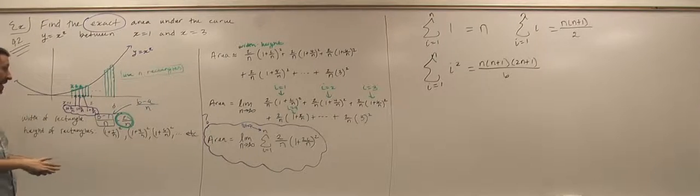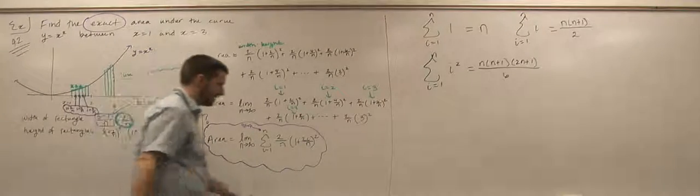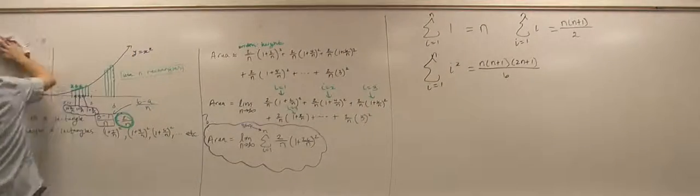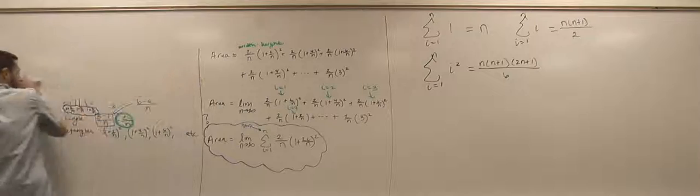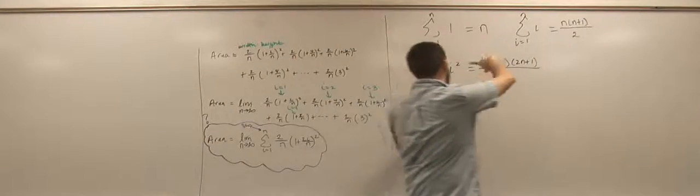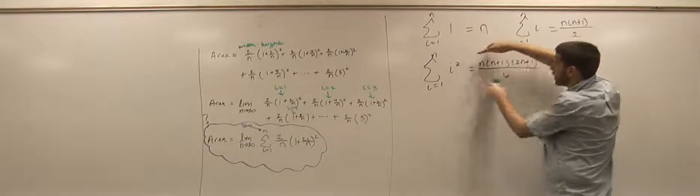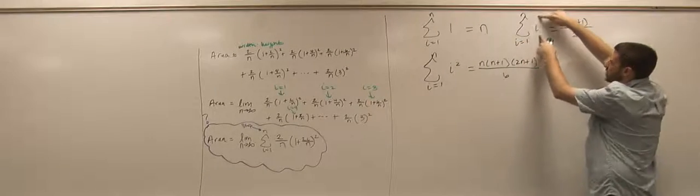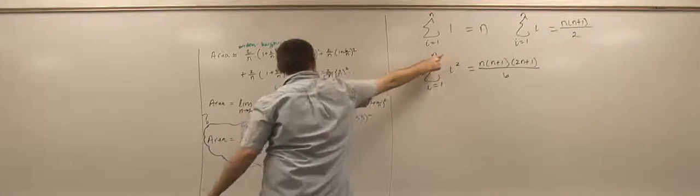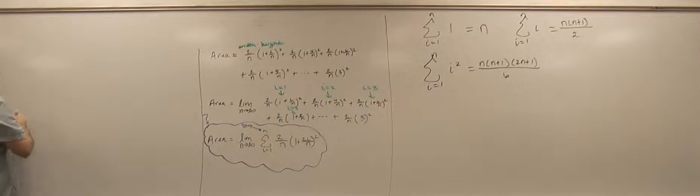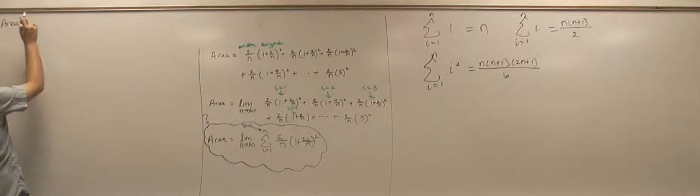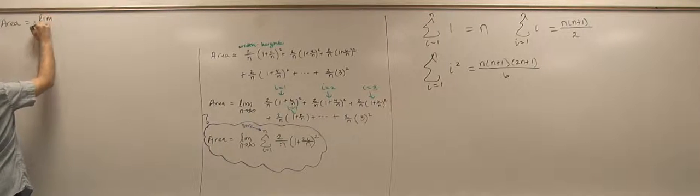Do you have any idea how to do that? But if I had just the sum of i squared, I would know what it equals. And if I had just the sum of i, I would know what it equals. So how can I change this into these? Use your sum rules, right?